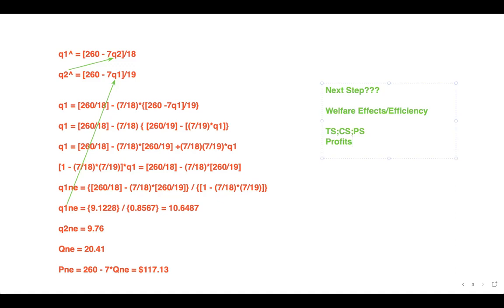A lot of times when students get to this part, when we're talking about Cournot, there's a bit of a disconnect. The biggest problem is that it's not possible to really draw a diagram in the way that we did before.